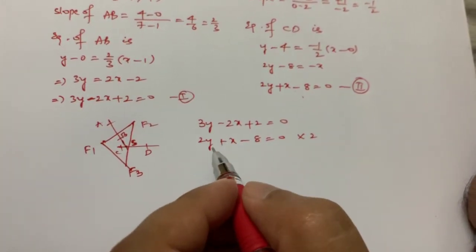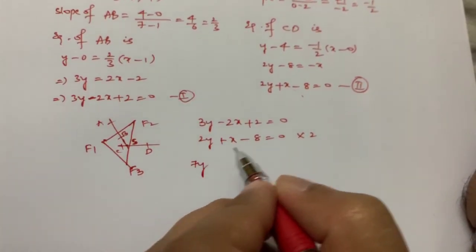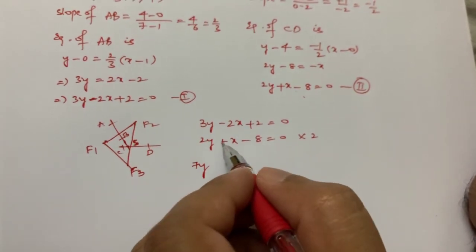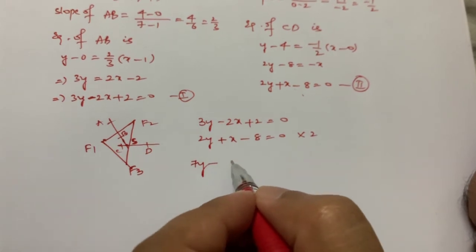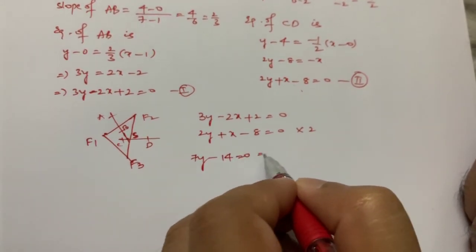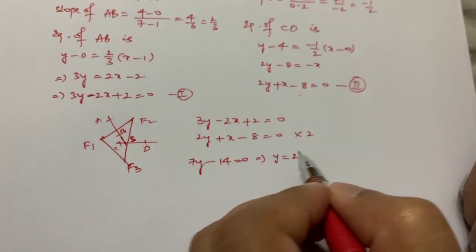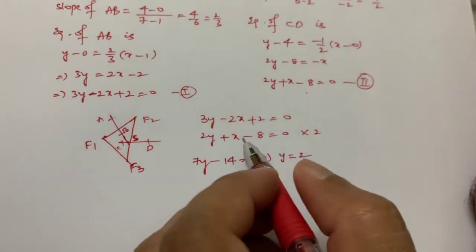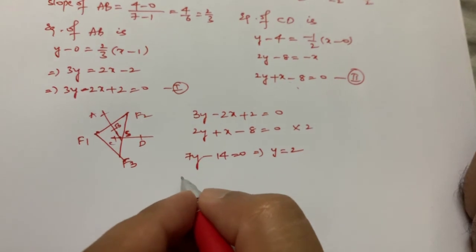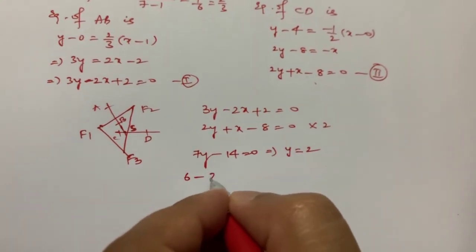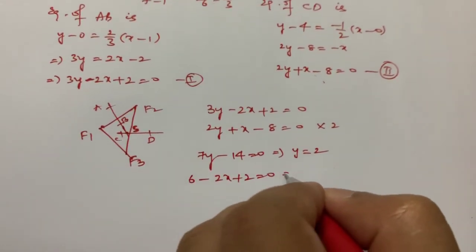That will be 3y plus 4y, 7y. So minus 2x plus 2x will get cancelled. So 2 minus 16 is minus 14, is equal to 0. So y is equal to 2. So if y is equal to 2, substitute in any one of the equations. So 6 minus 2x plus 2 is equal to 0.